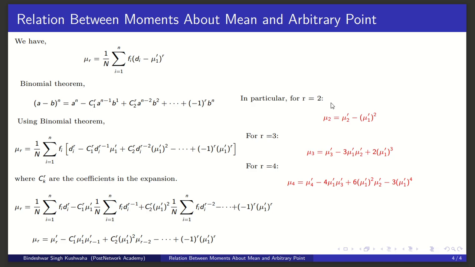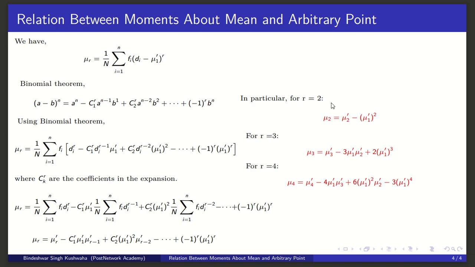See that these expressions are very important to calculate skewness and kurtosis. Already mu 2 is variance. So mu 2, mu 3, mu 4 expressed in terms of an arbitrary point are very important.